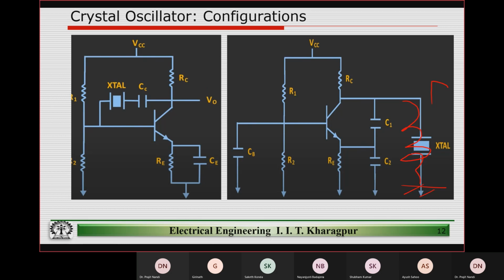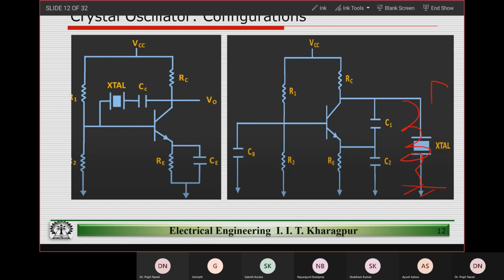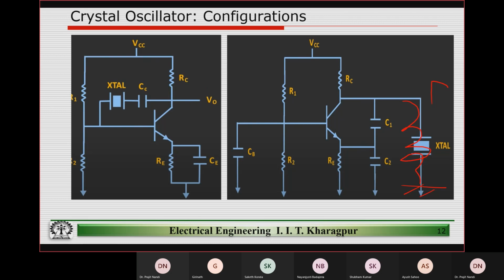And when do you think you would like to use the configuration on the left versus the configuration on the right?